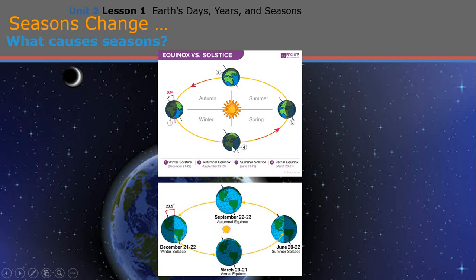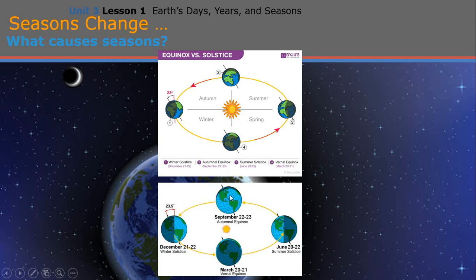While on solstices, I have number 1 to mark the beginning of winter, the winter solstice, and number 3 marks the beginning of summer, or summer solstice.